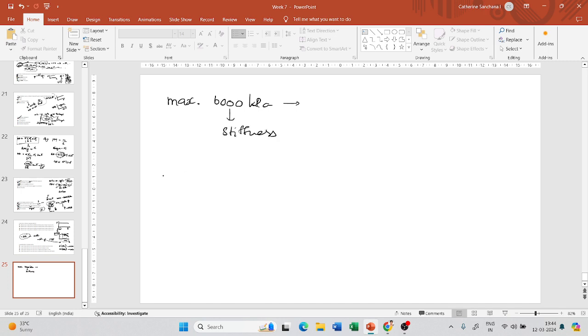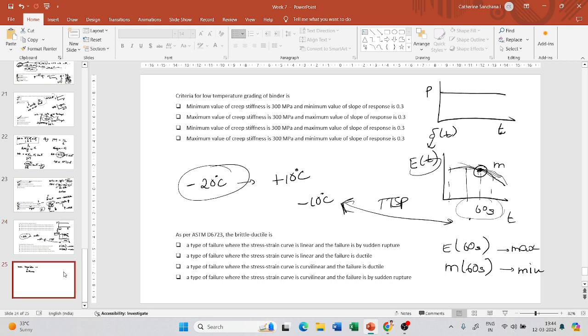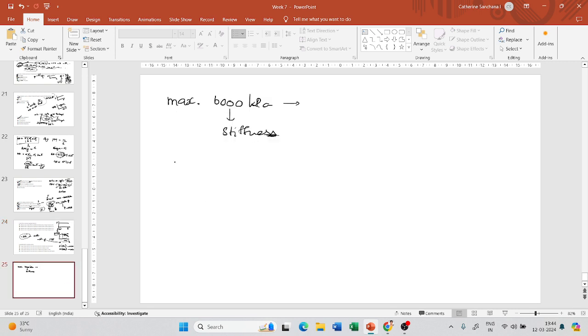So here also you are limiting the stiffness, and for low temperature also you should limit the stiffness.